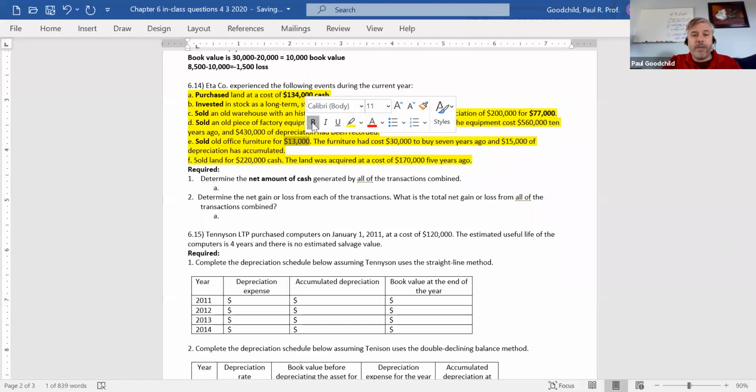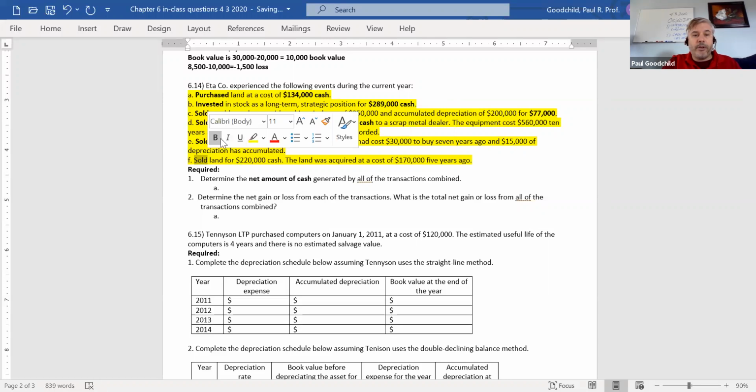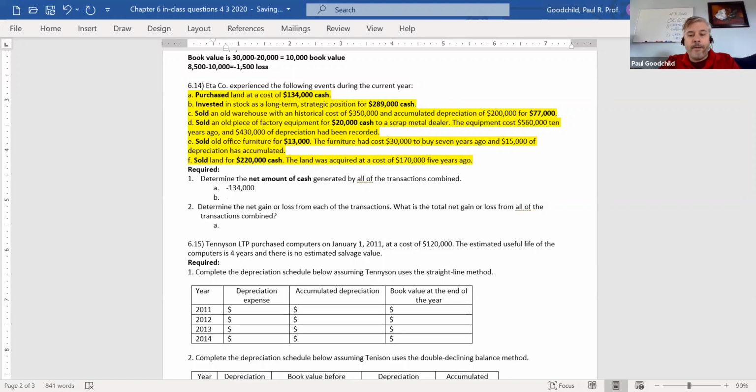I'm going to assume that one's also cash. And then the last one says sold land for 220,000 cash. So we've got an outflow of 134,000 for A, and B, an outflow for 289,000 in cash.